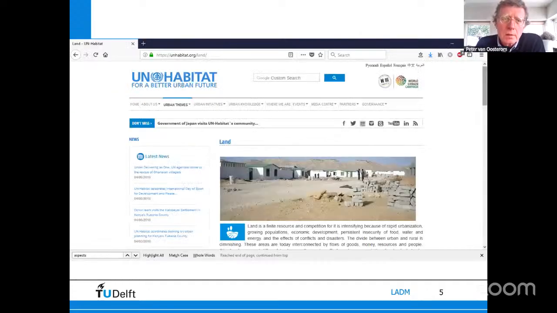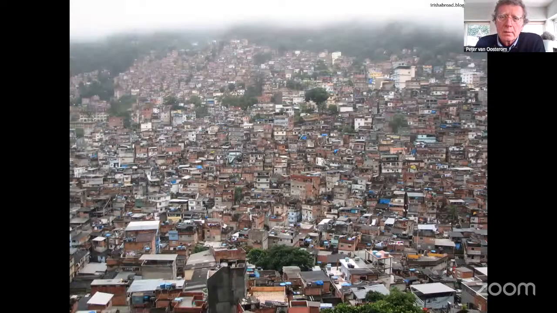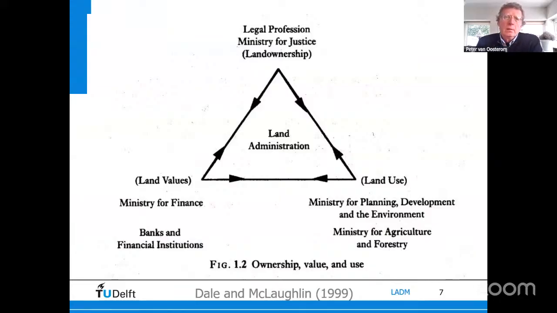So here are the UN Habitat websites. And yeah, here you see a lot of people competing for a bit of space. And you could say land administration has a number of aspects. At the top, there is land ownership. And in many countries that falls under the Ministry of Justice.